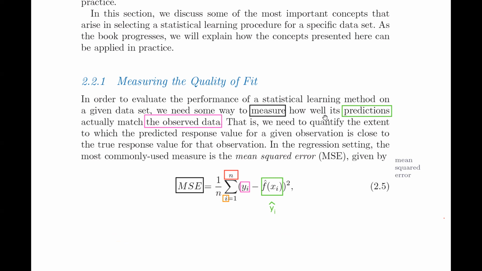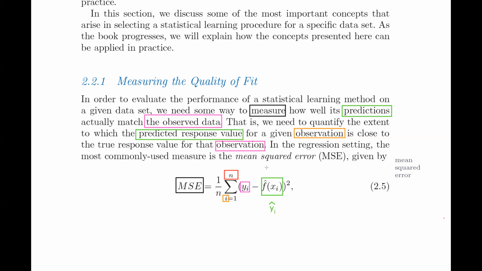That is, we need to quantify the extent to which the predicted response value, that's green, for a given observation, yes, that's orange, is close, so close, we're subtracting, to the true response value for the actual observation.